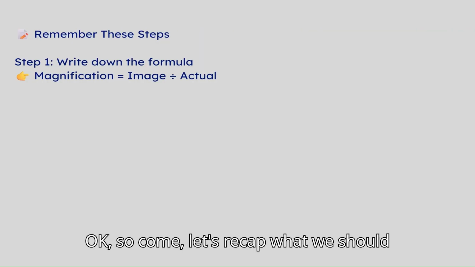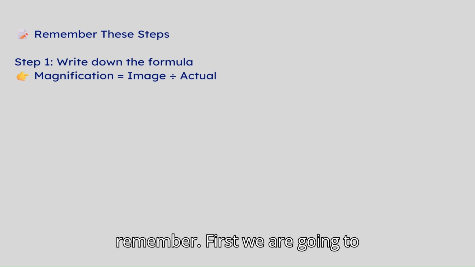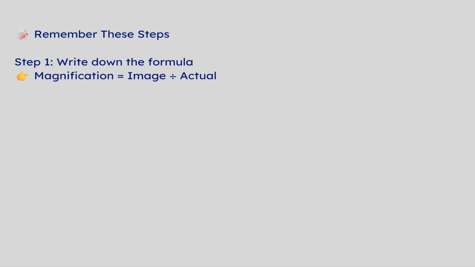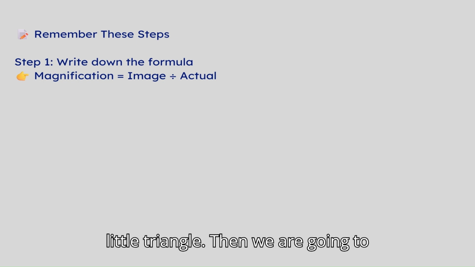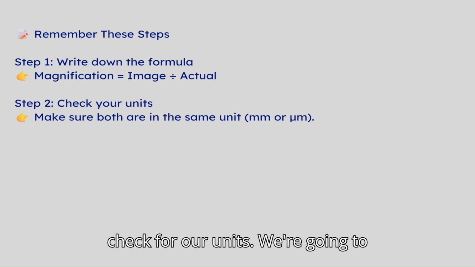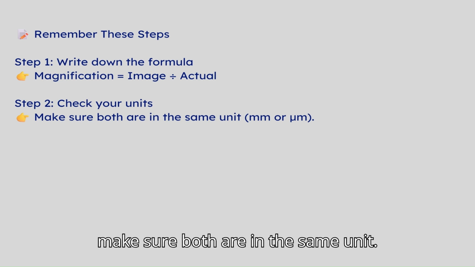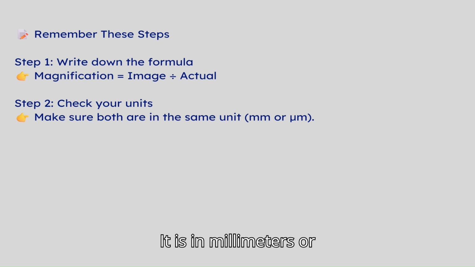Okay, so let's recap what we should remember. First, we are going to write down the formula. Magnification equals image size divided by the actual size in that little triangle. Then we're going to check our units. We're going to make sure both are in the same unit, whether it is millimeters or micrometers.